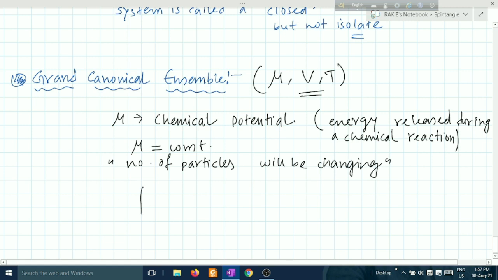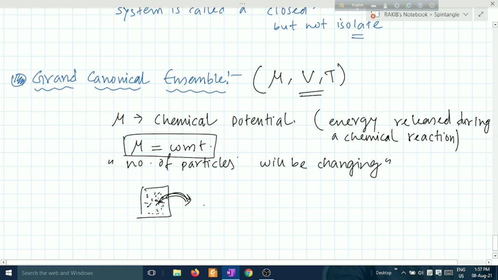Say this is a system and you have some particles inside, and a particle goes out and comes in, goes out and comes in, and the mu remains constant. But if the number of particles becomes constant inside, then mu will be 0, for example for an isolated system.